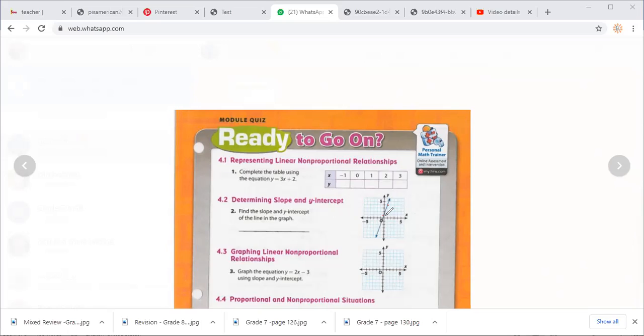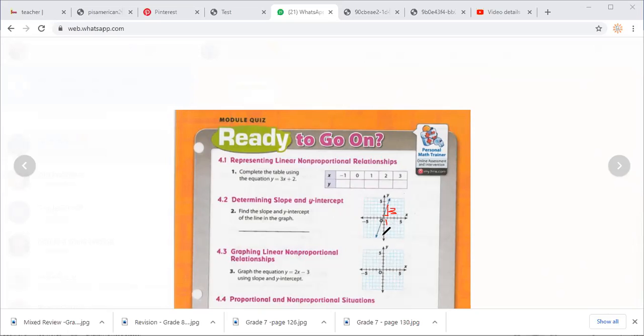Yes, we can draw a small triangle like this, and then we will count vertical. How many units did you use? So we use 1, 2, 3. So I have 3 vertical. And how many horizontal? 1. Then the slope will be 3 over 1.